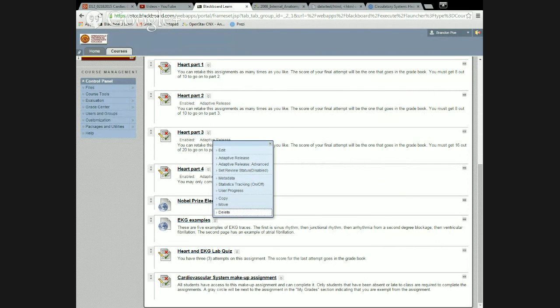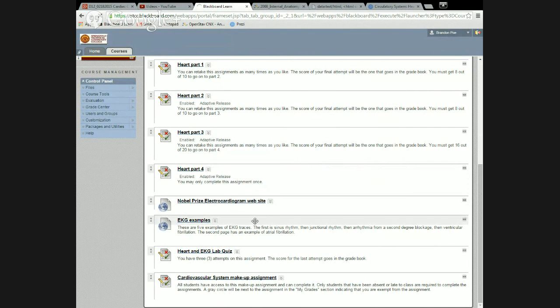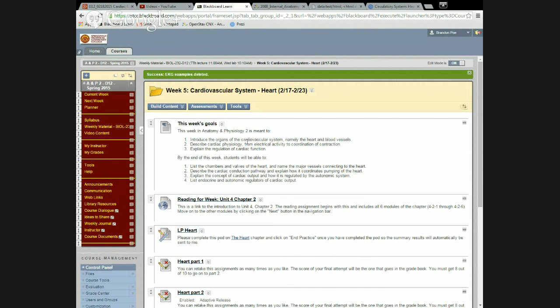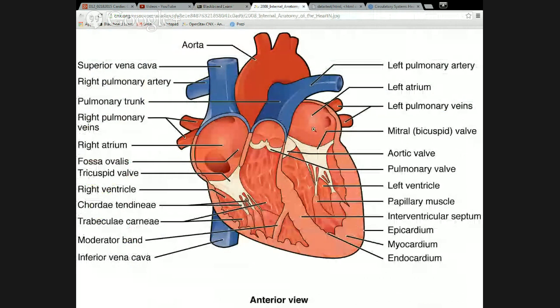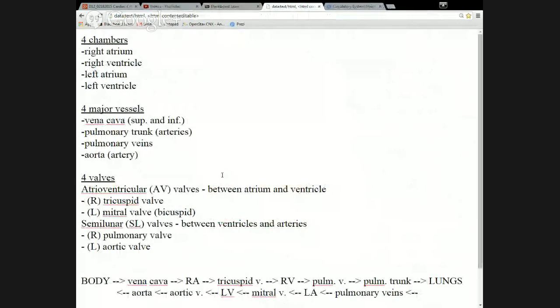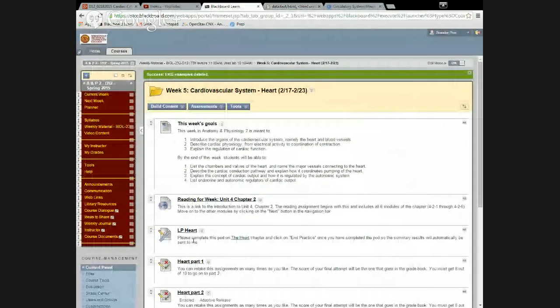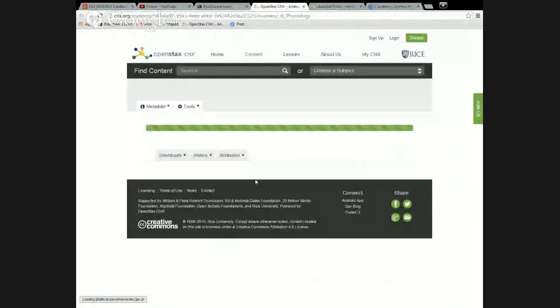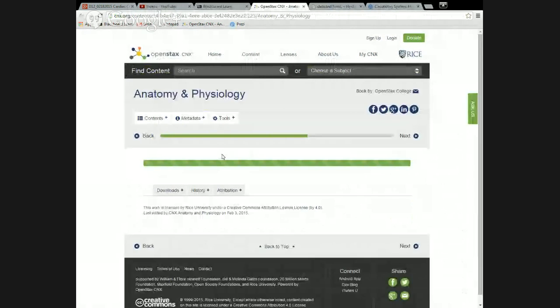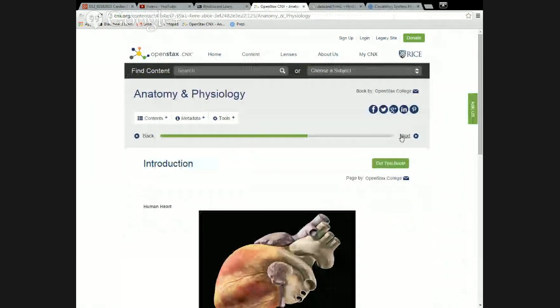I used to have a handout with examples of EKG traces, but I no longer need to use that because the book has that for us now. So pay attention in the book, and this is going to be relevant to the quiz a little bit.